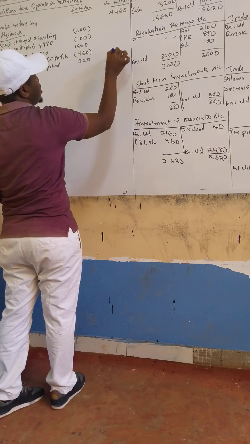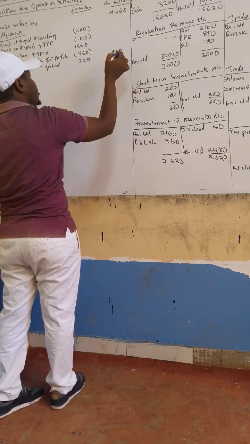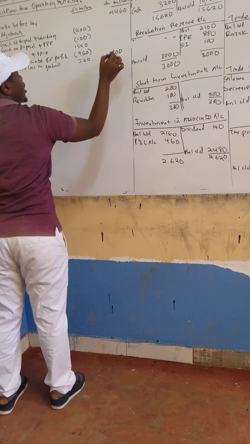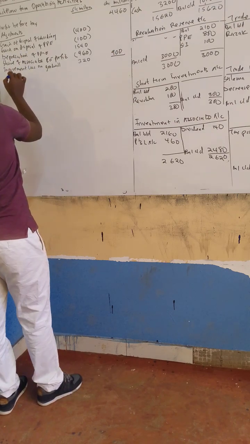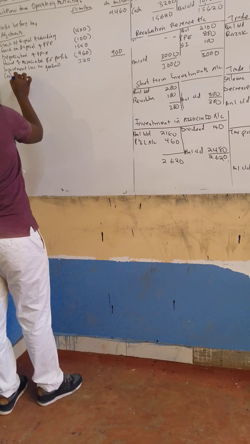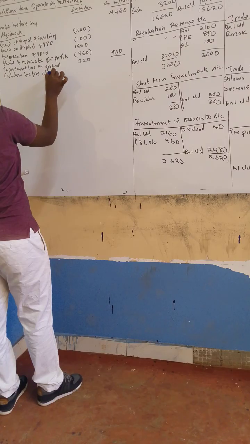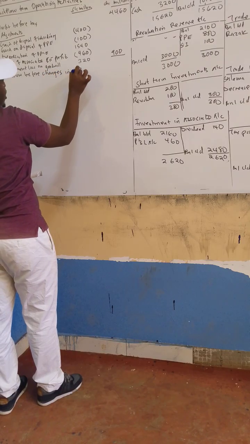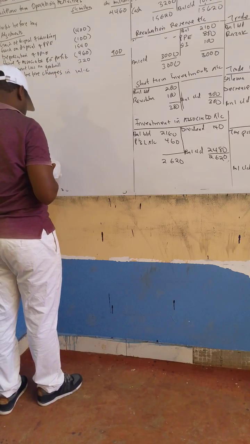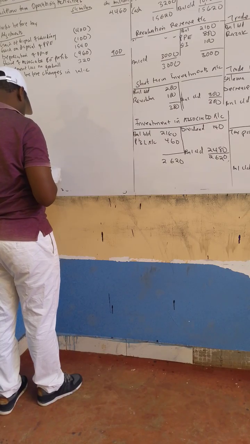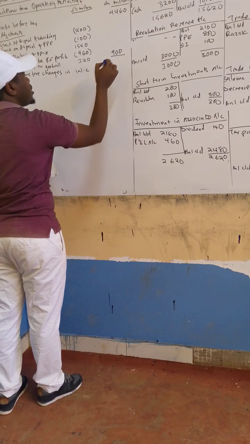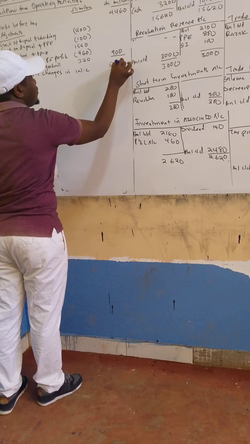Getting here to be 900, which is positive. So you add it to the profit before tax to get cash flow before changes in working capital. So if I add it to 4460, I get 5360.